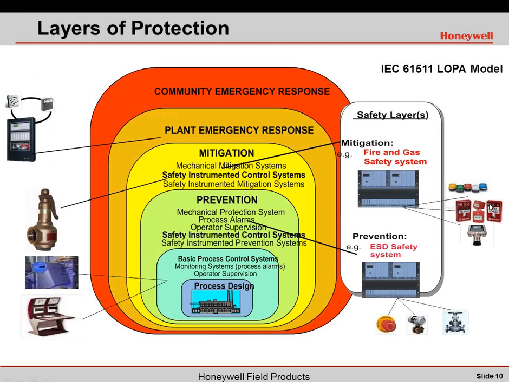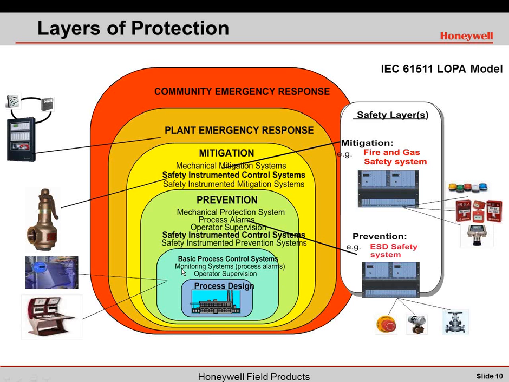So when we look at IEC 61511, it has this layers of protection model. And you'll see each individual layer provides another measure of safety. Safety is provided by layers of protection. The layers of protection start with safe and effective process control. That's shown down here, starting with our process design. Then we have a basic process control system.